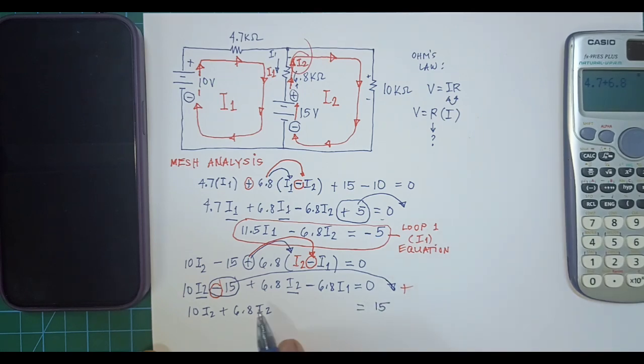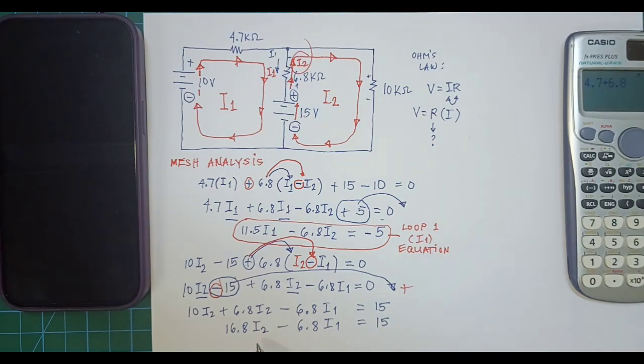Now the remaining is minus 6.8 I1, so I'll just write it, minus 6.8 I1. And so because of that, we can clearly see that 10 I2 plus 6.8 I2, if you add them together, that would be 16.8 I2 minus 6.8 I1 is equal to 15.